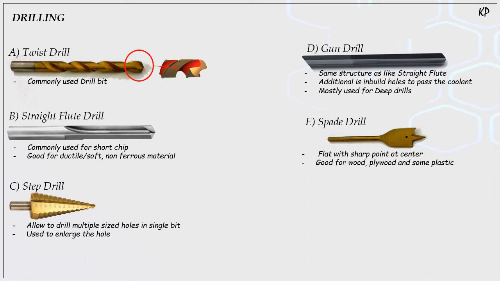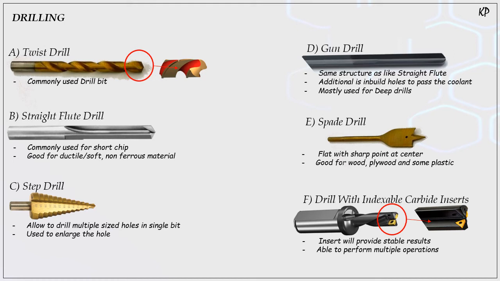So this will create a bigger hole in your wood, plywood or some kind of plastic materials. Then the sixth one is the drill with indexable carbide insert. What does that mean? On your drill bit you can screw or bolt these carbide inserts, so that you will have a very stable result while drilling the holes. So this is the basic understanding of our drilling process in subtractive manufacturing.